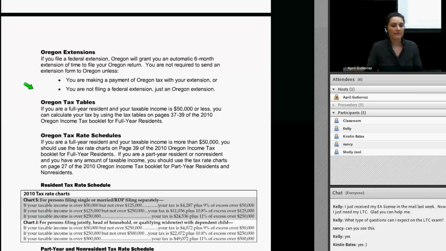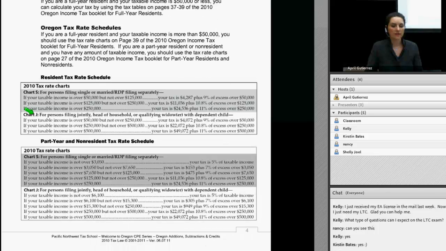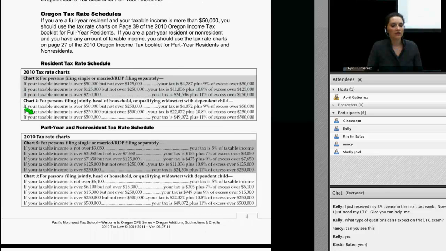Oregon tax tables. If you are a full-year resident and your taxable income is $50,000 or less, you can calculate your tax by using the tax tables on pages 37 through 39 of the 2010 Oregon Income Tax Booklet for full-year residents. Oregon tax rate schedules.